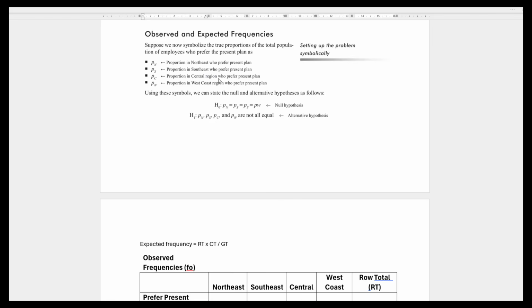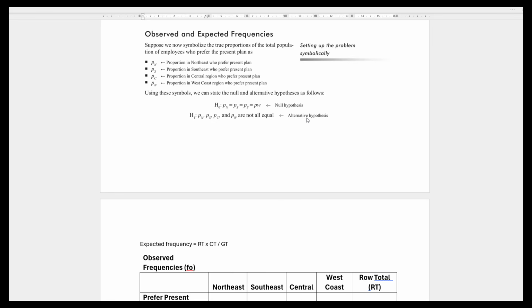The null hypothesis will be that these four proportions from four different regions have no significant difference, that these proportions are equal to each other. And the alternate hypothesis is that those proportions are not equal.